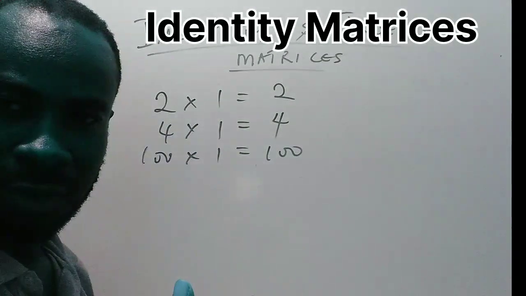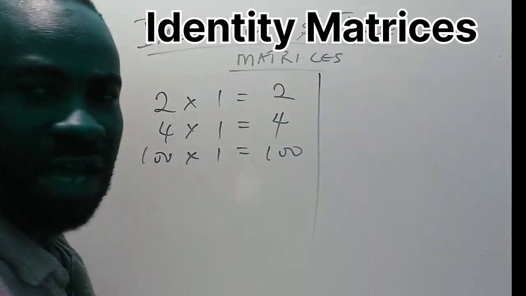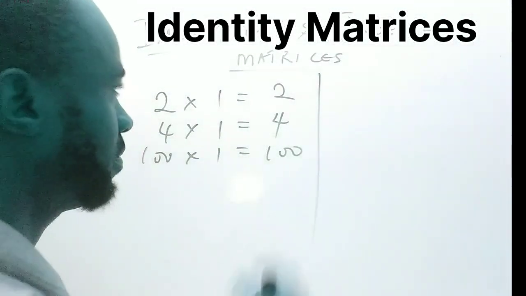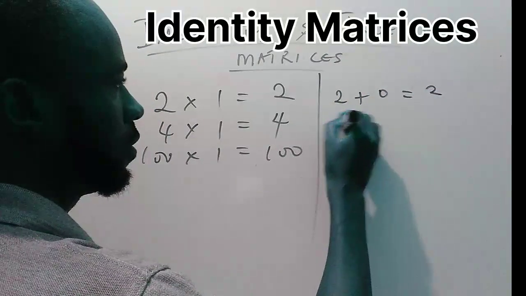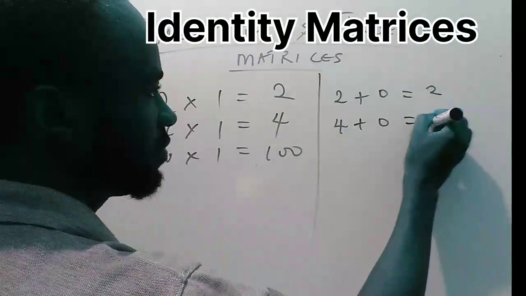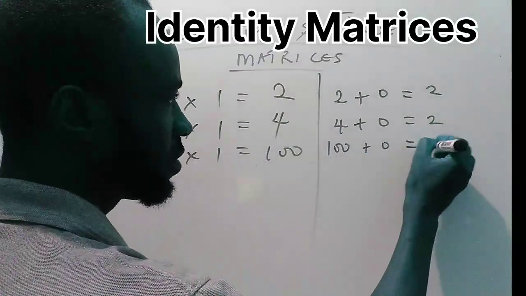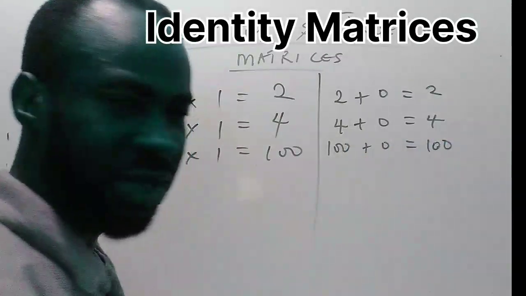Okay. Now, likewise in addition and subtraction, 0 is an identity because 2 plus 0 still gives 2, 4 plus 0 still gives 4, and 100 plus 0 still gives 100.